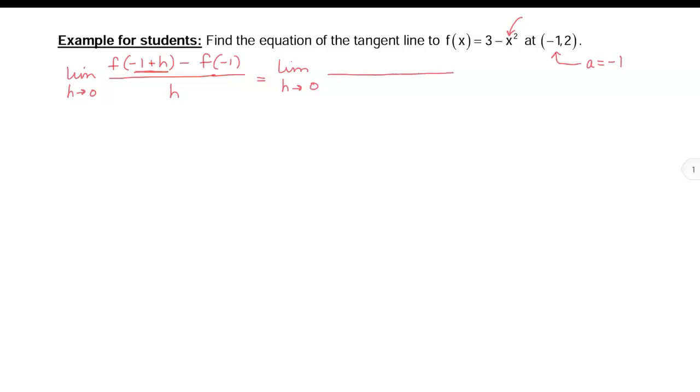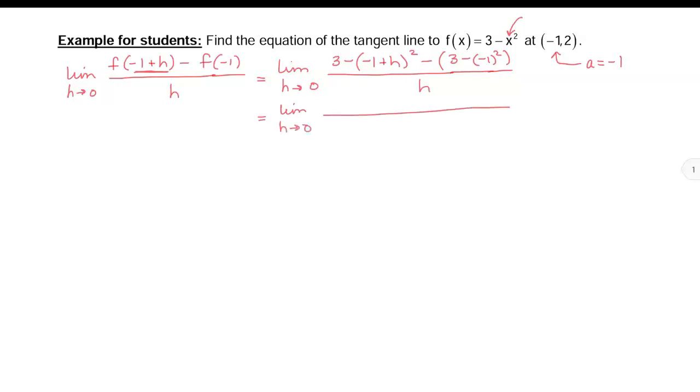So that's going to look like 3 minus the quantity negative 1 plus h squared. Then I have subtraction, and then I have to evaluate f of negative 1. So f of negative 1 would be 3 minus negative 1 squared, and that's all over h.